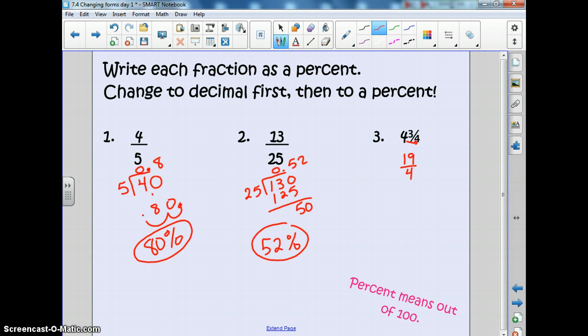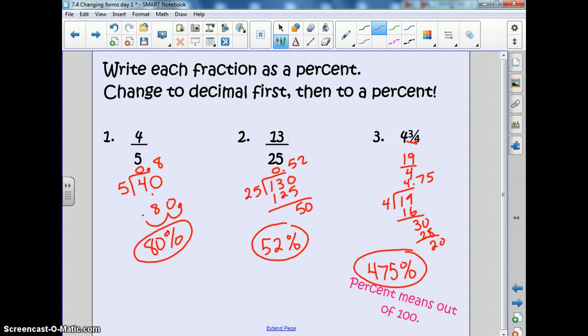Now I can divide this out and find what it is as a decimal, then move the decimal place 2 places and have my percent. 19 divided by 4 goes in there 4 times, 30 goes in there 7 times, and 5 times. So 4.75 becomes 475%, because percent means out of 100.